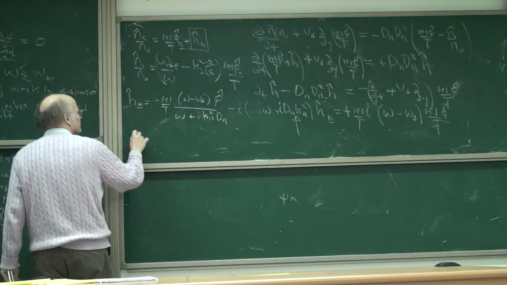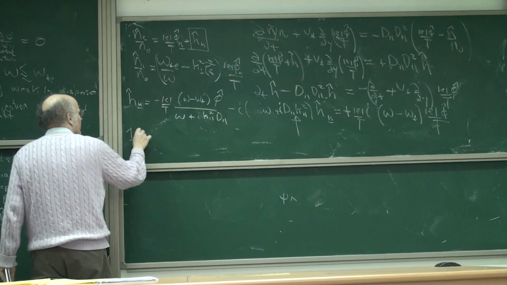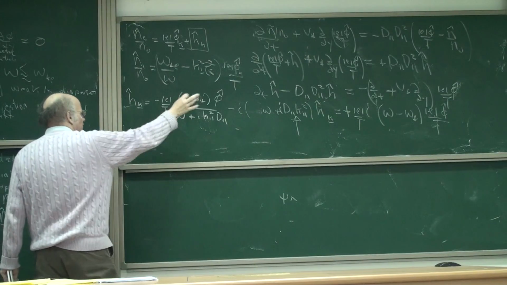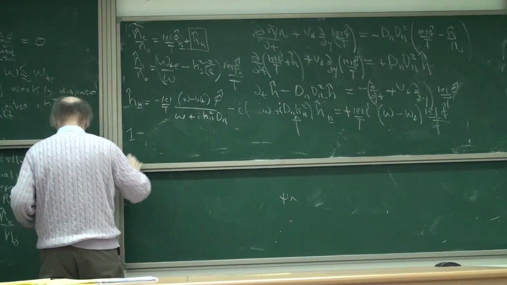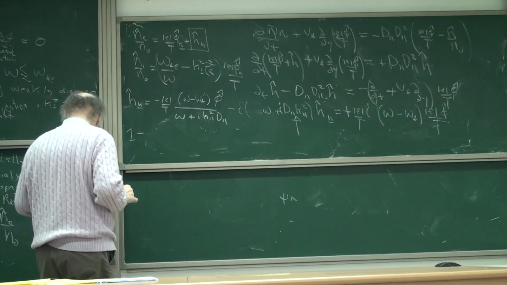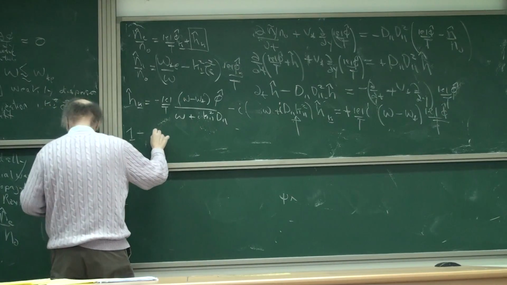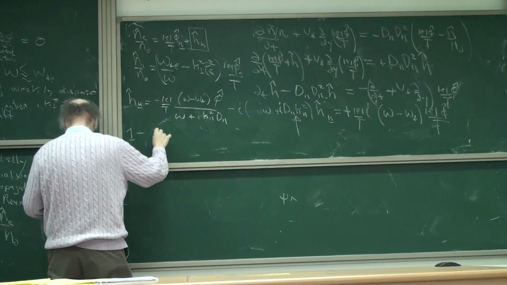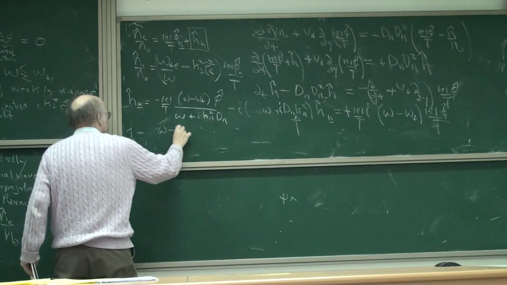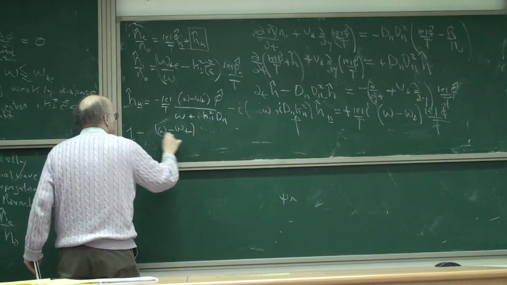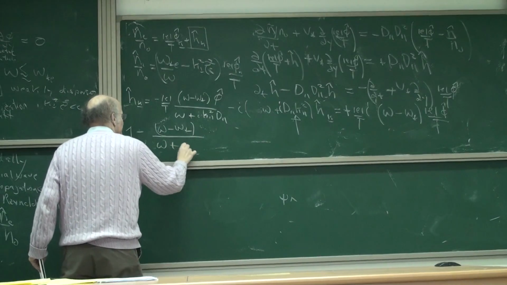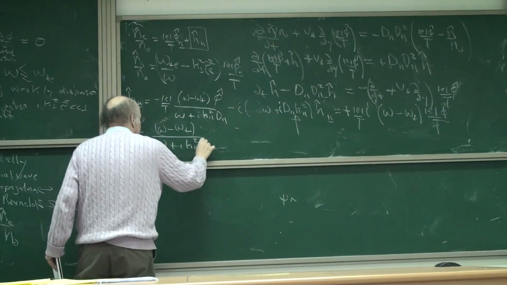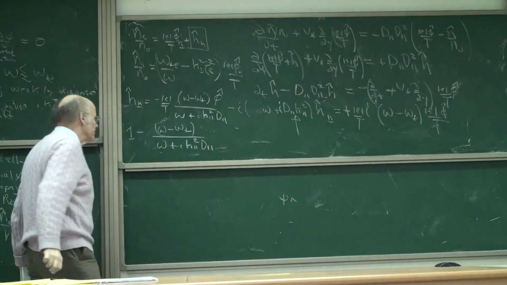I can probably get this in here. I just put 1 minus, I factor out the e phi over t, so I would factor out 1 minus omega minus omega star over omega plus i k parallel squared d parallel.